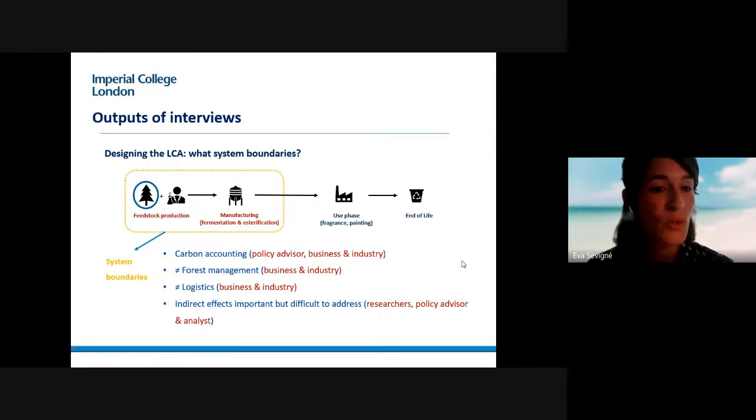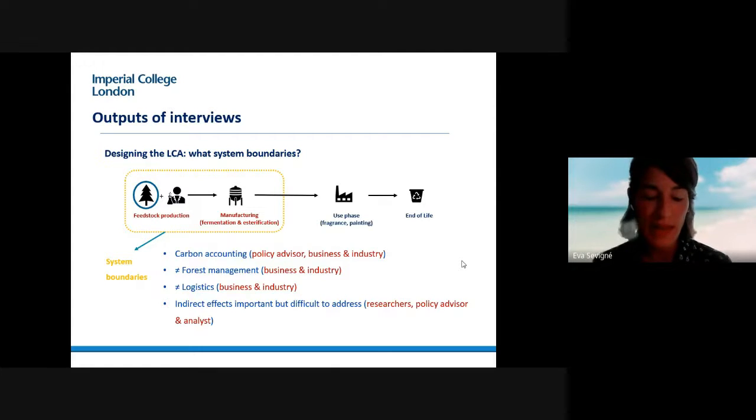It was important to evaluate different forest management to understand if the forestry resources are coming from sustainable forests or not. It was also important to evaluate different logistics associated to these forestry resources, how far they are from the manufacturing site. And also it was important, specifically for representatives from NGOs, how the use of these forestry resources is going to affect other users of these forestry resources.